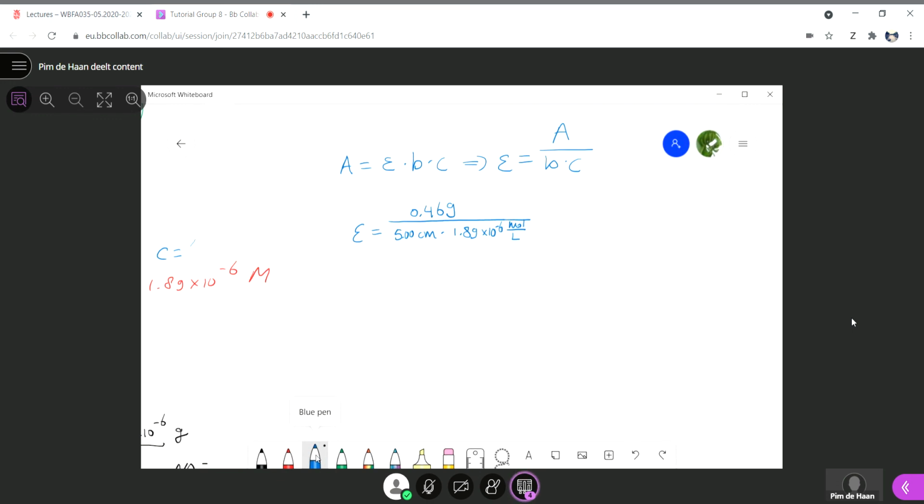It's a little longer. And then if you do the math, you should be getting 4.97 times 10 to the fourth liter per mole centimeter. Sorry, Lobke, thanks. Questions about this part?